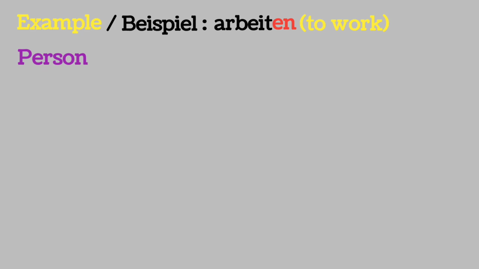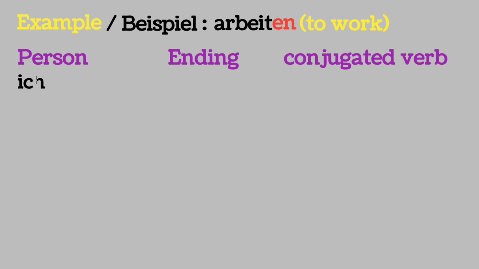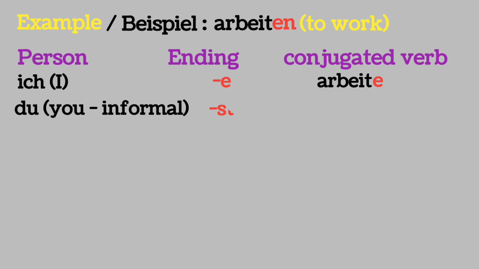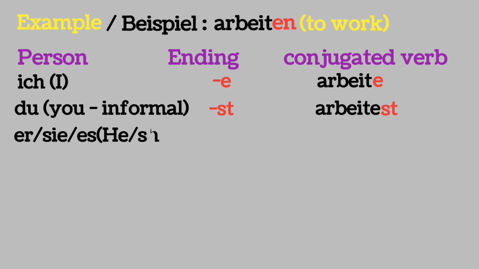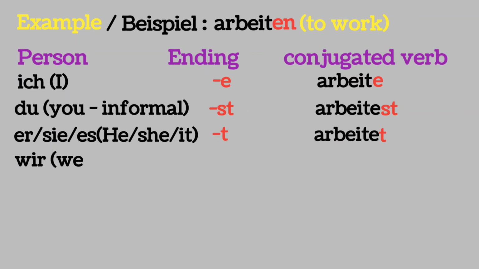Here is the table of verb conjugation. In German verb conjugation, there are 6 persons considered.